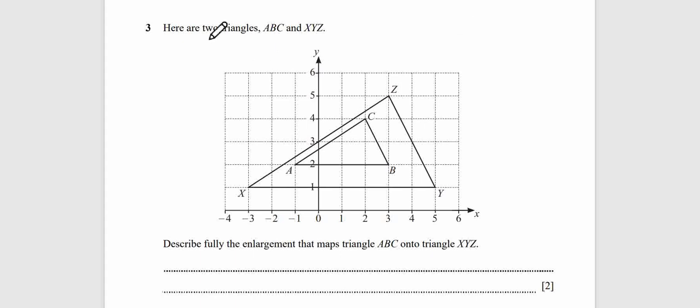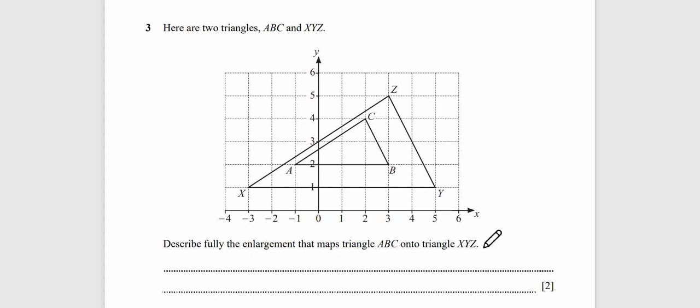Here we go. This is question 3. Here are two triangles, ABC and XYZ. Describe fully the enlargement that maps triangle ABC onto triangle XYZ. For this question, if you want to take a screenshot or print it out, you may do so and pause this video.